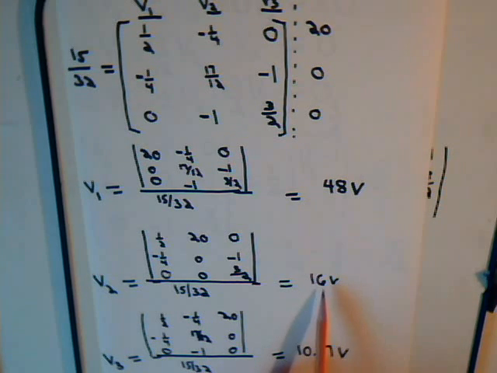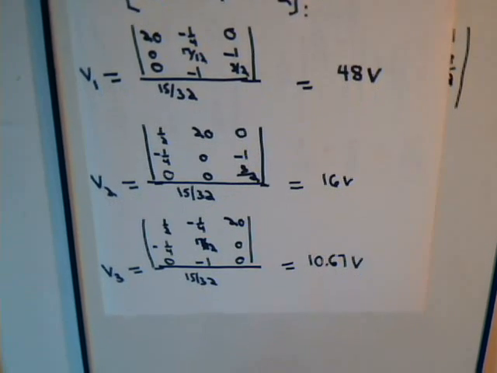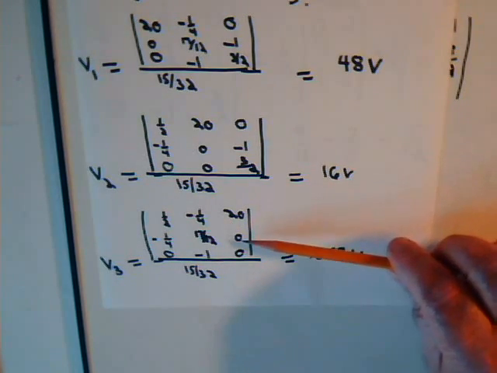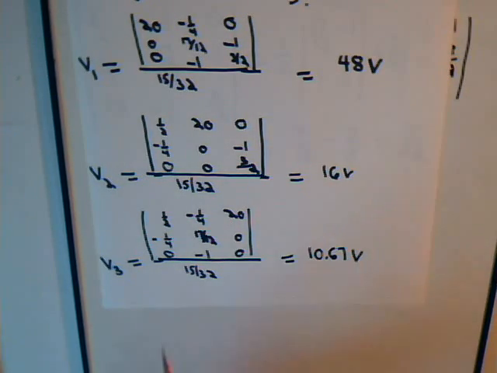V2 comes out to be equal to 16 volts. And finally for V3, we replace the V3 column with 20, 0, 0. The V1 column and the V2 column are unchanged. Determine the value of that determinant, divide it by 15 over 32, and voltage V3 is 10 2/3 volts.